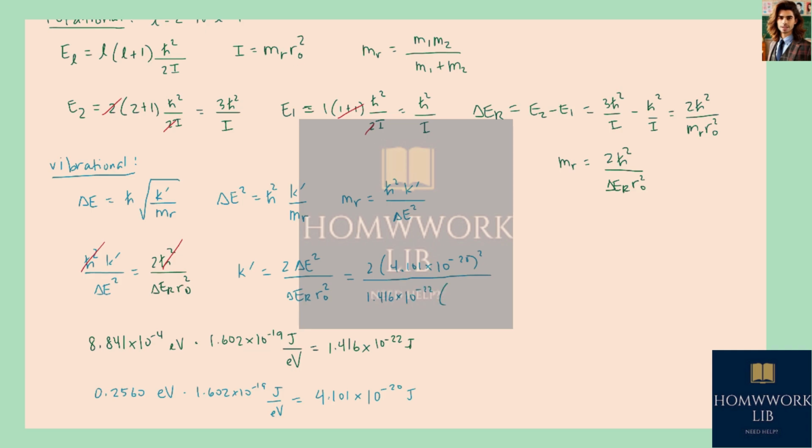And then our separation of the atoms was 0.8860. We need it in meters, so times 10 to the minus 9th, and then we square that. And that gives me 30.26, keeping with 4 significant figures, newtons per meter, which is much more reasonable.